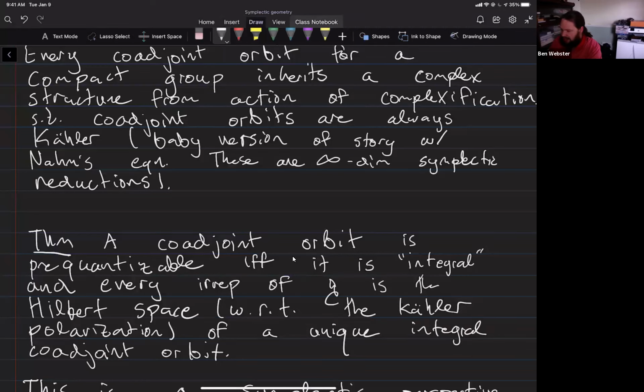I should say, as complex manifolds, almost all of these are isomorphic. We saw this with SO3. There was one weird one at the origin, and then all the other ones were just copies of CP1. So as complex manifolds, they're all the same, but we're choosing different Kähler structures, different symplectic forms, and those different symplectic forms give me different representations.